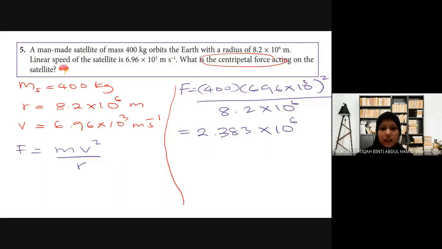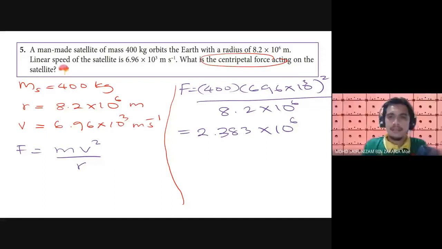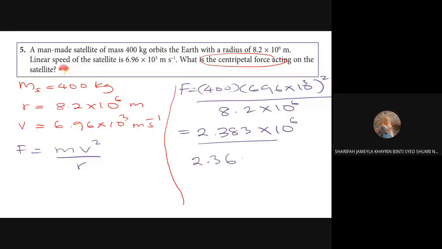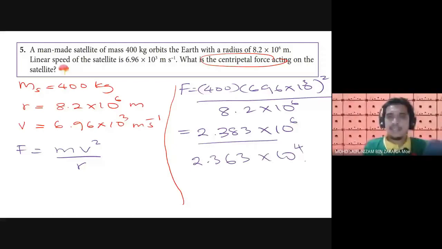No. I get 2.363 times 10 to the power of 4. Okay. The final answer, the correct answer, is 2.363 times 10 to the power of 4.